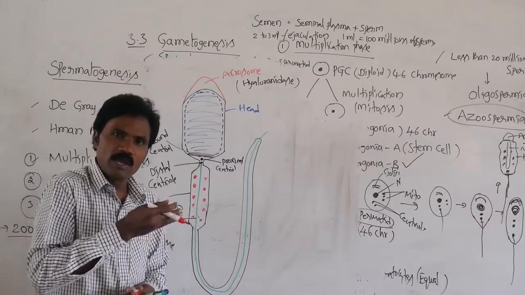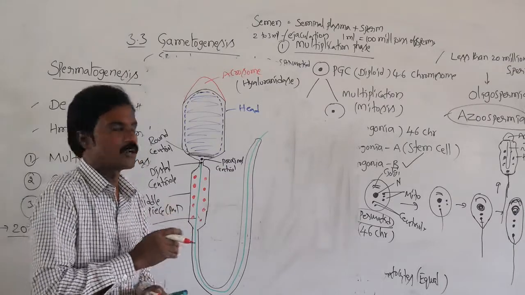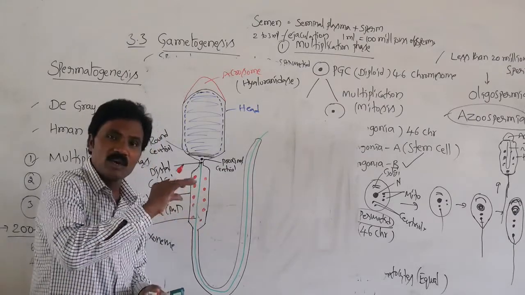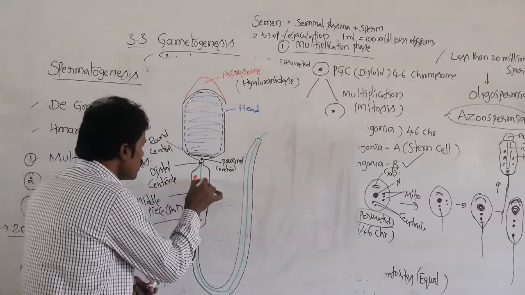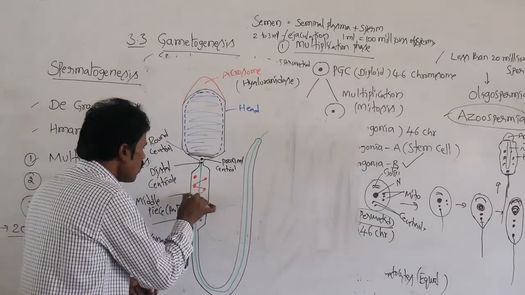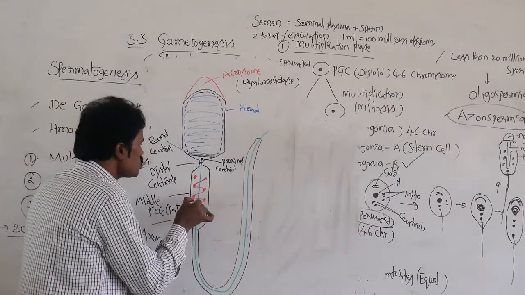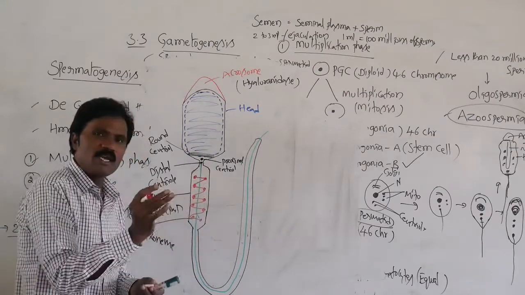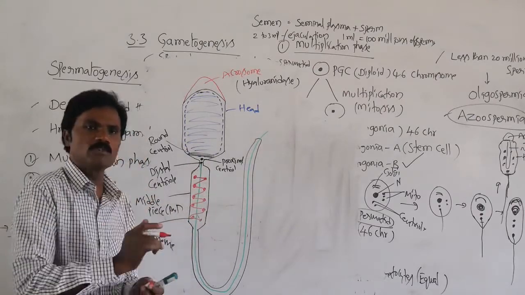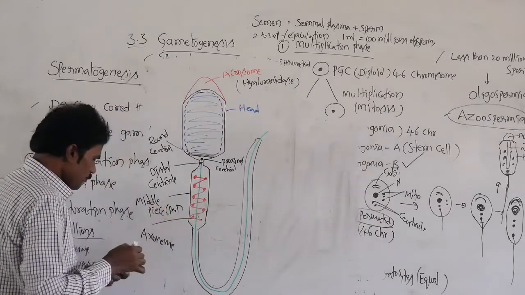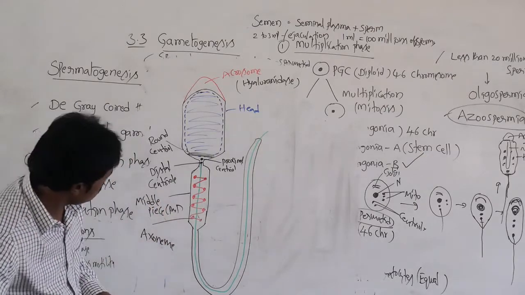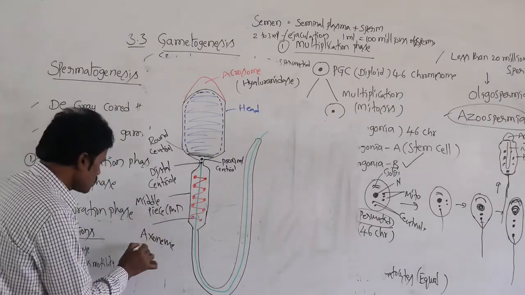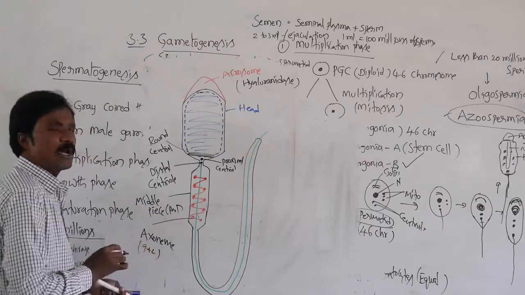It helps to enhance the motility of the sperms. The mitochondria spiral one another towards the axoneme. The axoneme contains the 9 plus 2 arrangement.